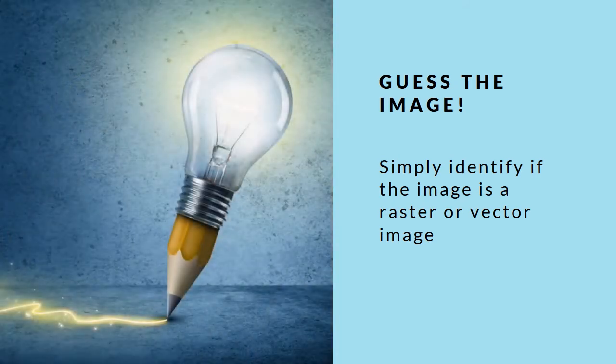The third image might be a bit tricky. What do you think this image is? You still not sure of your answer? Well, let me explain this to you. The image is a combination between a raster and vector image. If you look carefully, you can see the light bulb looks quite realistic, which is an indication that this was taken from a real photograph.